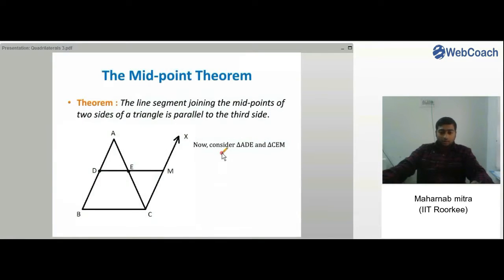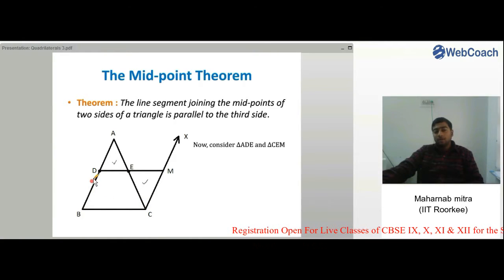Now let us consider two smaller triangles, triangle ADE and triangle CEM. And why are we considering them? Because we are given that AD is equal to BD, and we have to prove DE is parallel to BC, and our aim is to show that BDMC is a parallelogram.